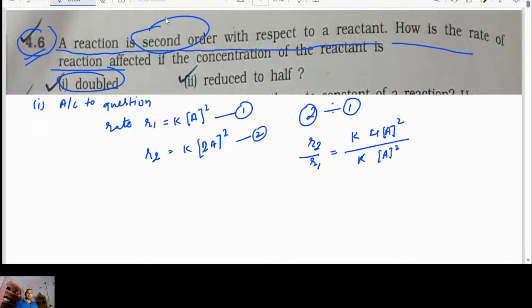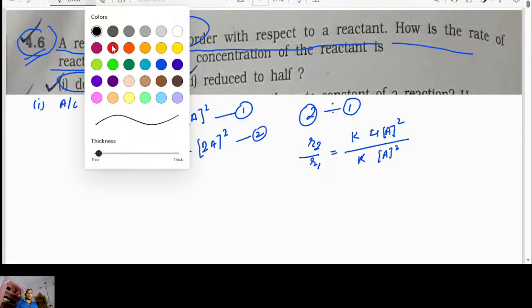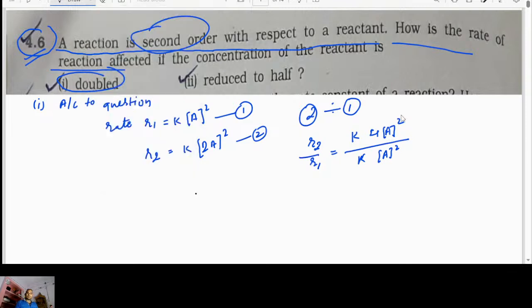Now, friend, see what is common in the numerator and denominator. A square and A square cancel out, K and K cancel out. So, what is coming here is R2 by R1, equal to 4. So, R2 is equal to 4 times R1.